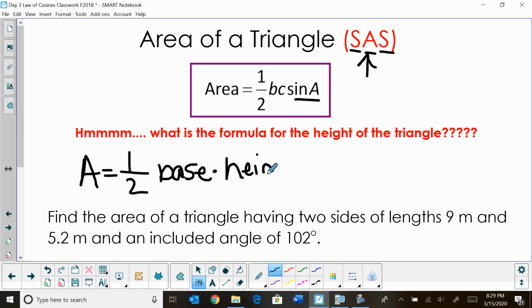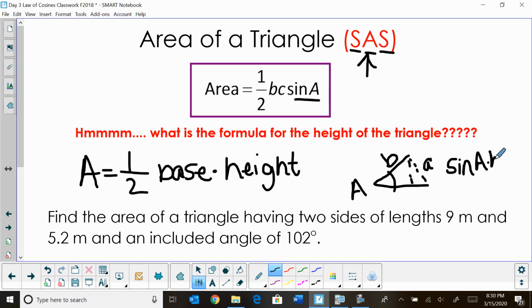When you're doing the law of sines, to find the height of the triangle, you take the sine of the angle times the adjacent side. We call this angle A, this side B, and this opposite side over here is little a. To find the height, in the last lesson, we took sine A times B.